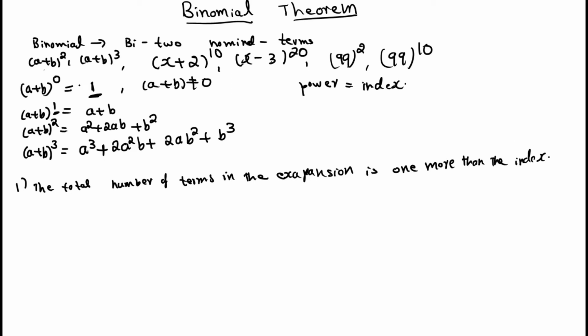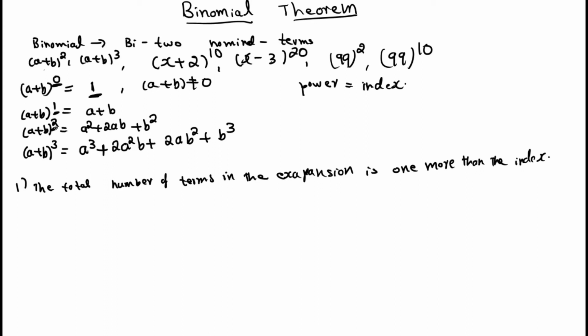Clear? See, here index 0 is there. That means how many terms are you getting in the right hand side? That means terms in the expansion. In the right hand side, expansion of the given expression is there. See, you are getting one term. Here see index 1. That means in the right hand side expansion has two terms, a plus b. You can see two terms.